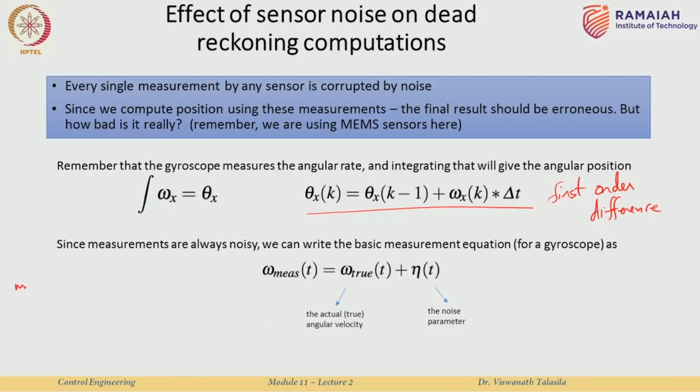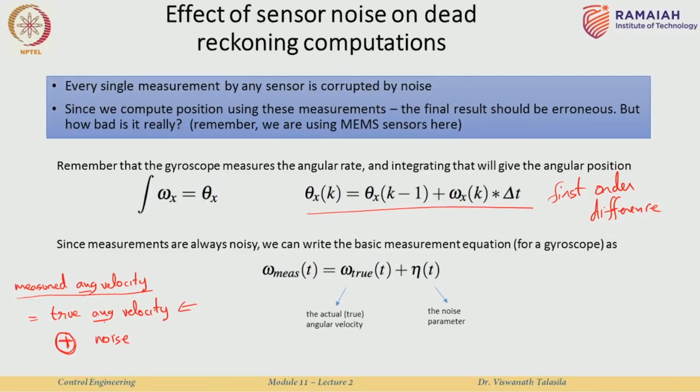The measured angular velocity, or the measured angular rate, is basically the true angular velocity plus, and I am going to write this with a circle, I will explain why, plus noise. This is what you measure every time. You are never going to directly get the true angular velocity; it is always corrupted by noise.